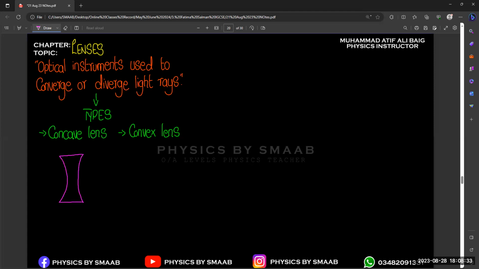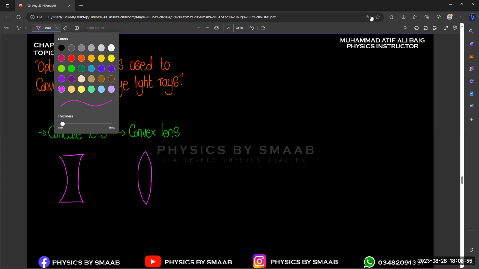You can see that this type of lens is thick at the edges but thin at the center, right? And if we take the convex lens, the convex lens will be opposite. It will be like this.